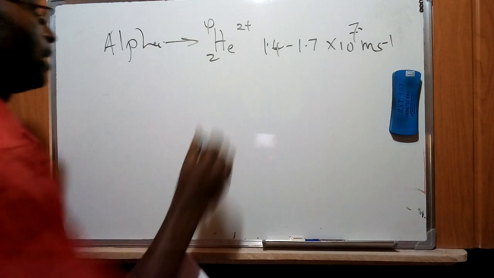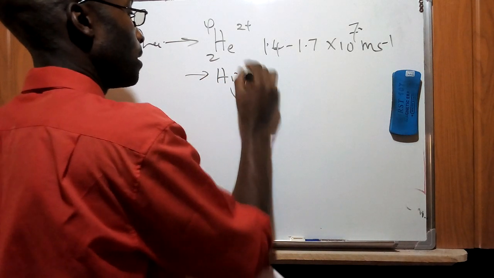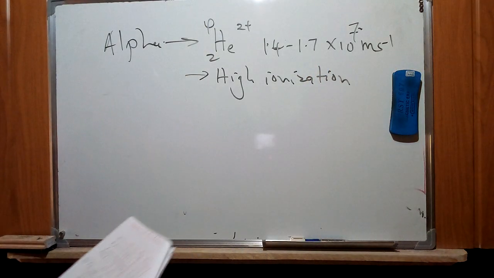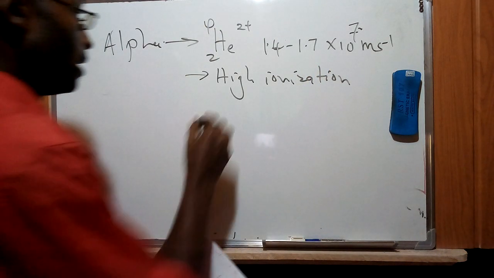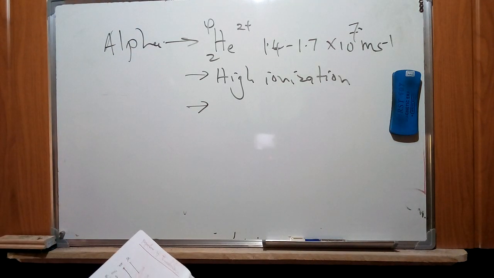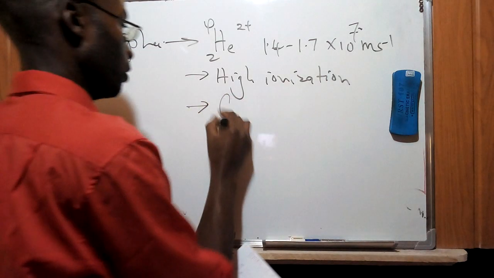And they have high ionizing power. They have high ionization energy. And we talked about during the discovery the concept of a photographic plate. So they have a visible effect on photographic plates.